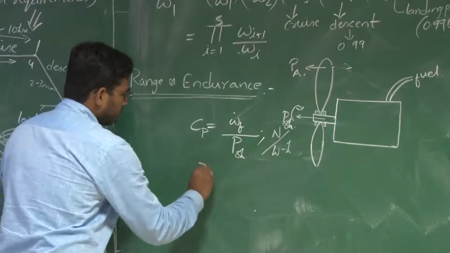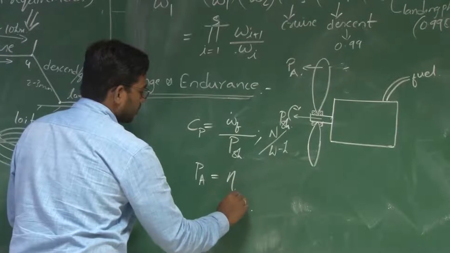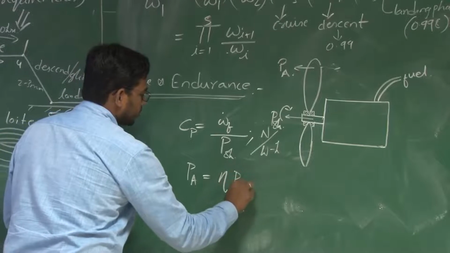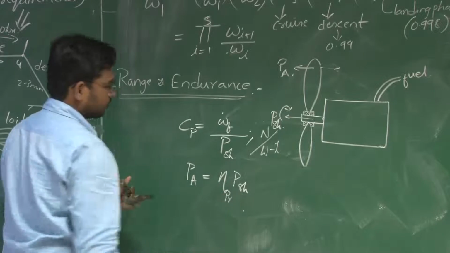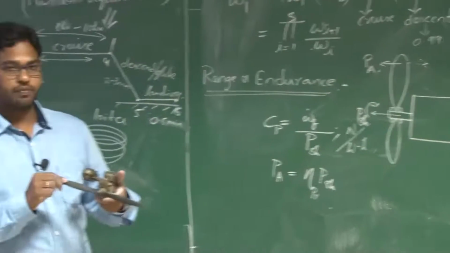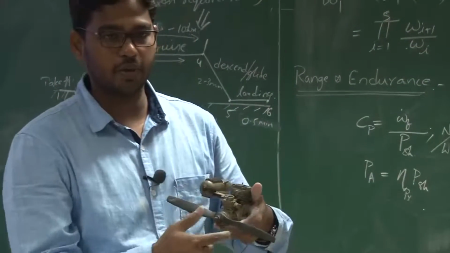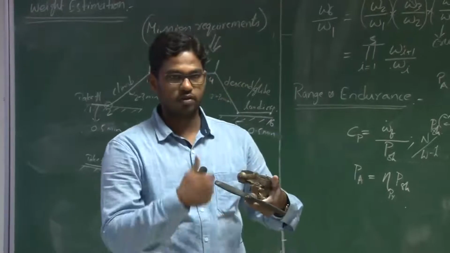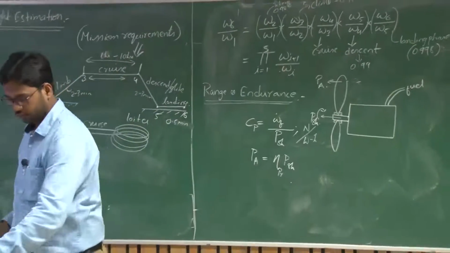We know the useful power to us is the propeller efficiency times this shaft power. This is the propeller efficiency: how efficiently this propeller converts the available mechanical power to useful power for us, right?